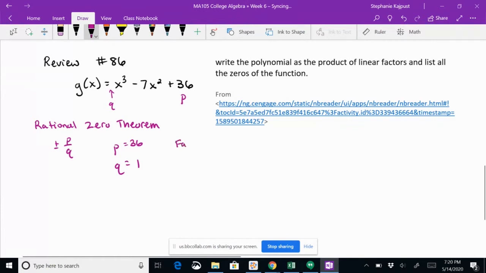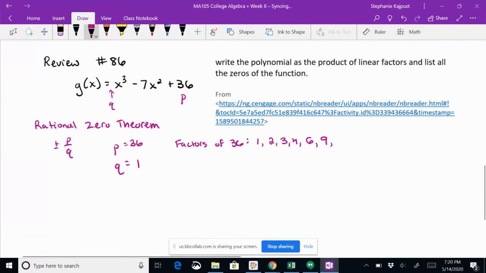So our factors of 36, I usually just start counting. So 1 goes into it, 2, 3, 4, 6, 8, 9.